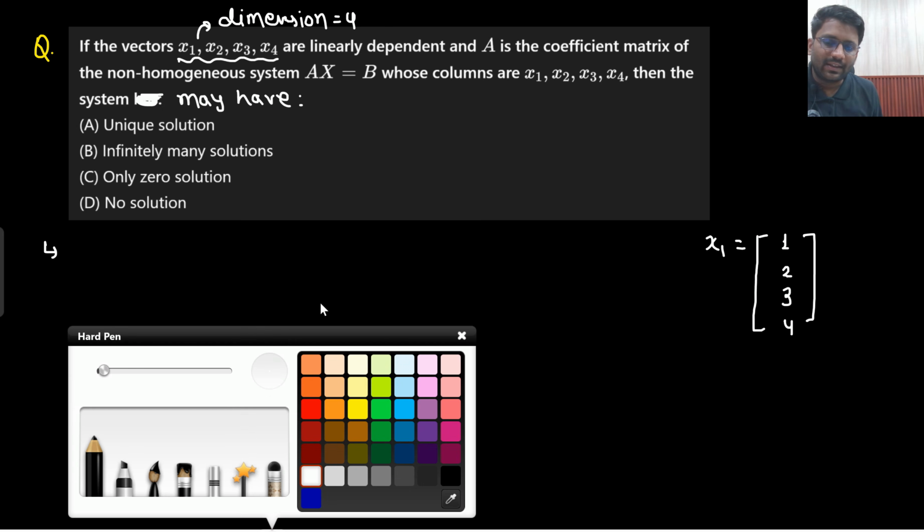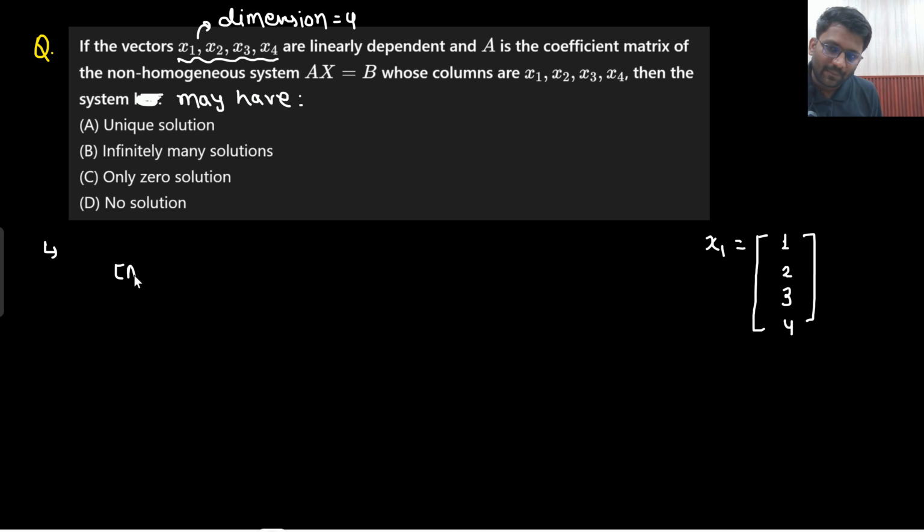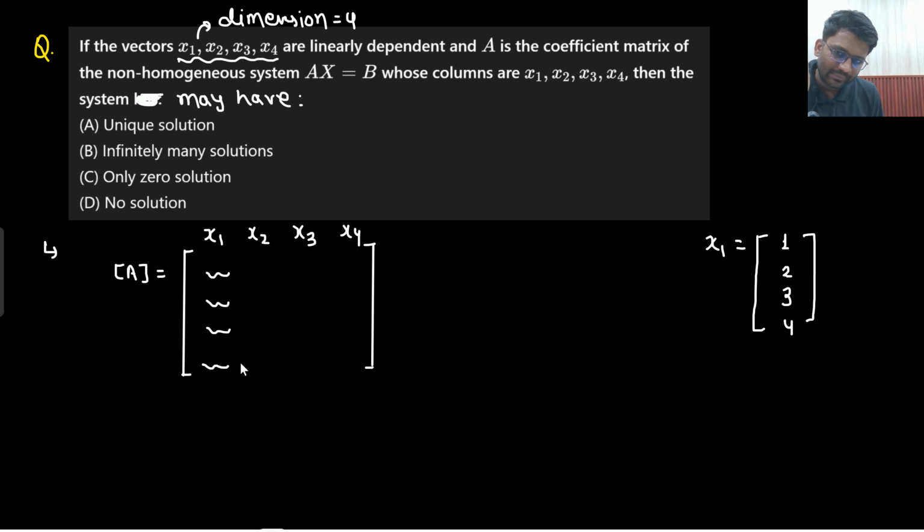So what will be your matrix A? Your matrix A would be somewhat like this: x1, x2, x3, x4 and 4 elements each. 4 cross 4 is the order.